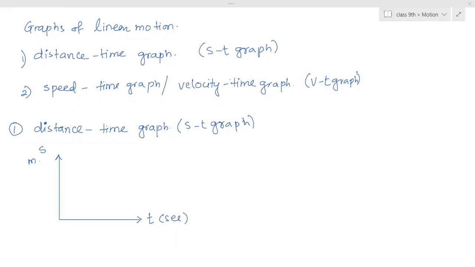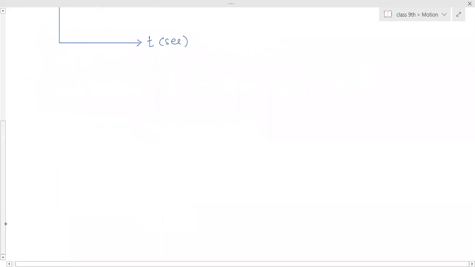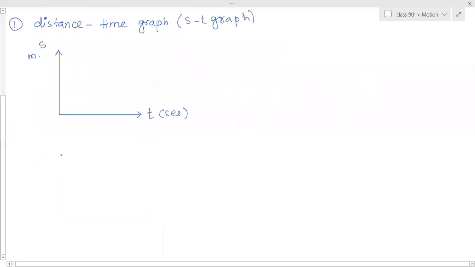For example, suppose we take the first case. In motion, this is the origin, and it is a motion from point A to B. The object starts moving from A to B and covers 10 meters in 1 second. Now from B to C, in the next 1 second, it covers 10 meters.